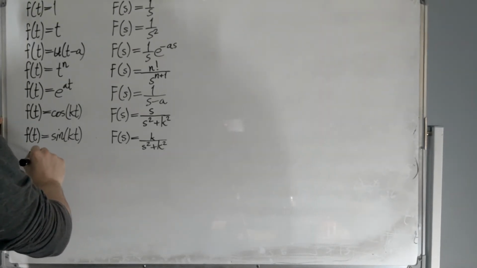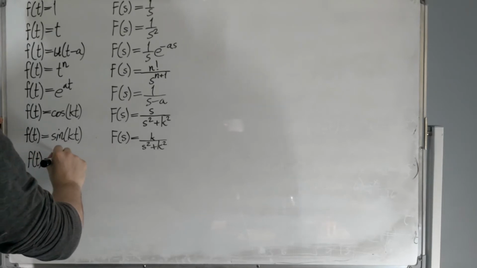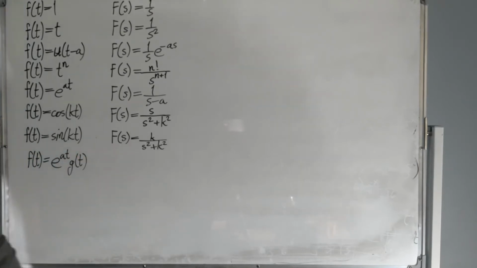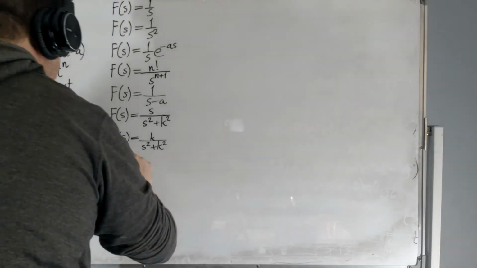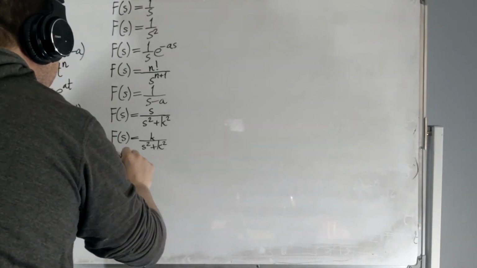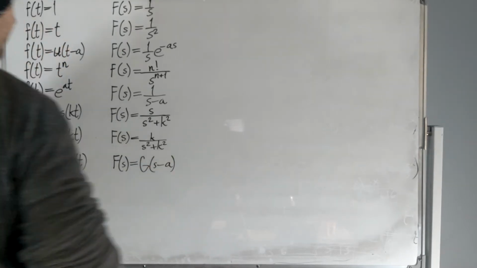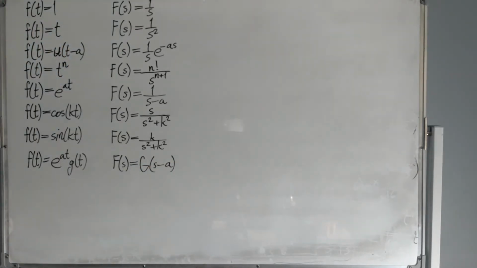And if you have e to the at multiplying by any function g of t, then the Laplace transform is going to be the Laplace transform of g evaluated at s minus a. Okay?